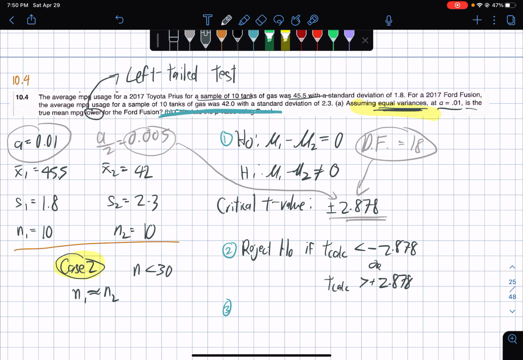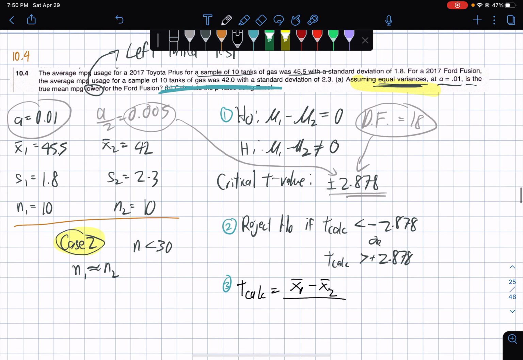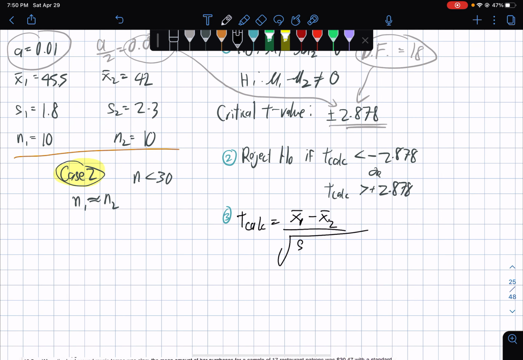For step 3, we have the computation. By the way, the formula is T calc equals x bar 1 minus x bar 2 divided by the square root of Sp squared over N1 plus Sp squared over N2. Okay, sub the values.